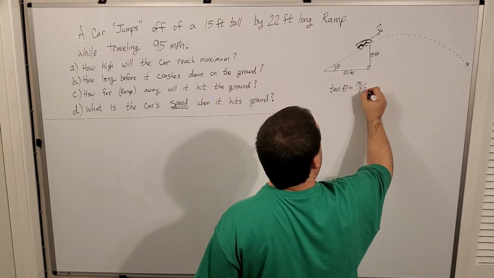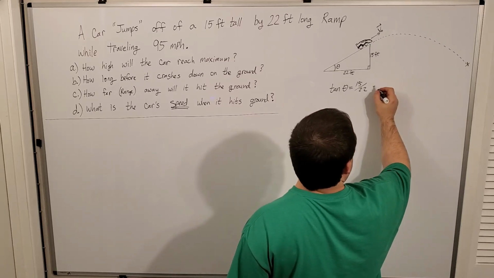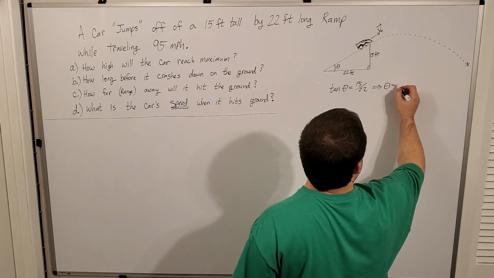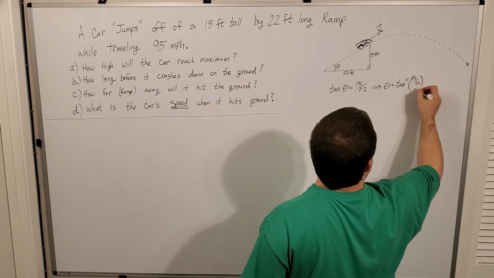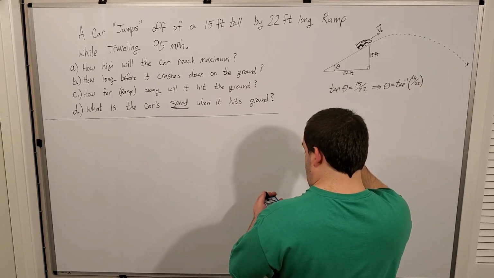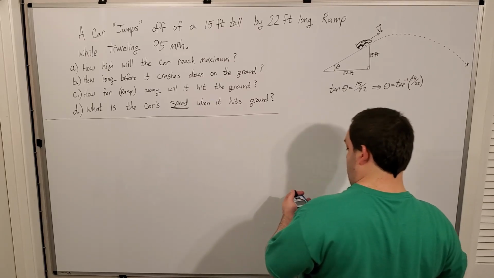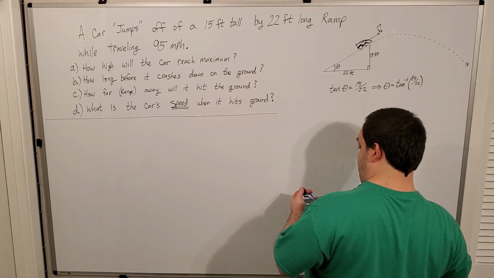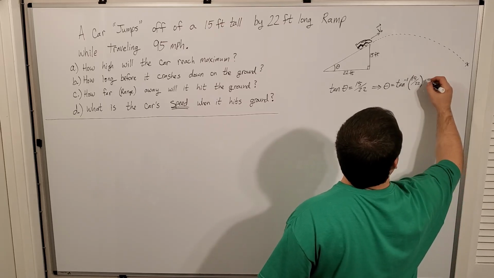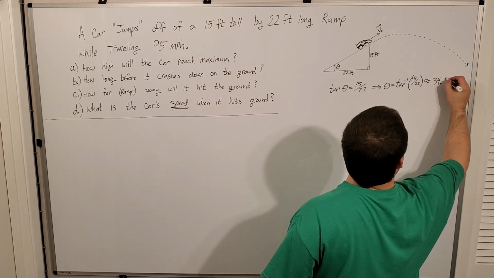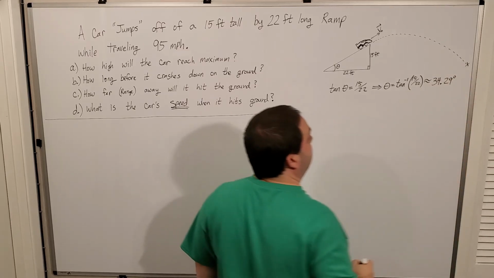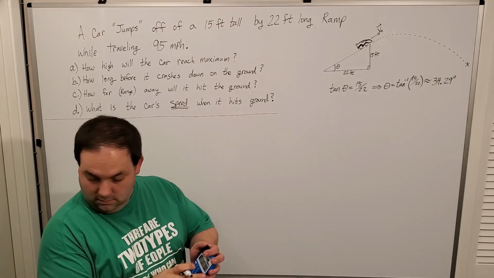Therefore, theta is going to be arctangent of 15 over 22, which is 34.286, so I'll use 34.29 degrees.